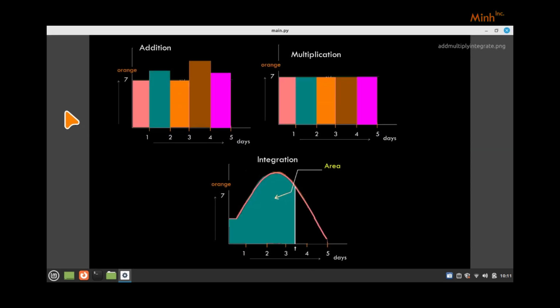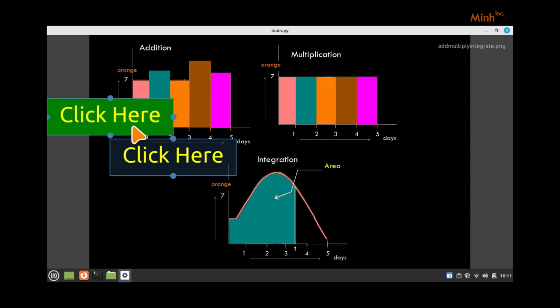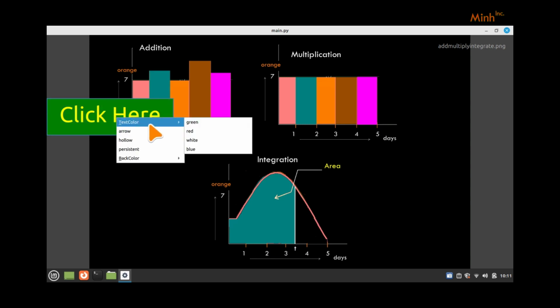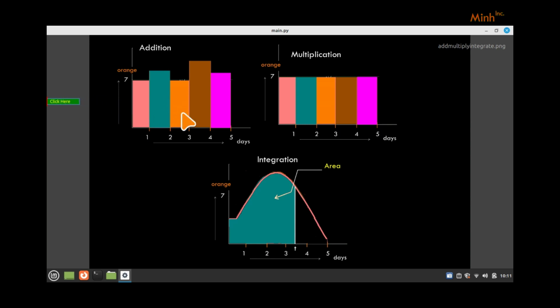Okay, so we have a time interval 1, 2, 3. We have a collection.